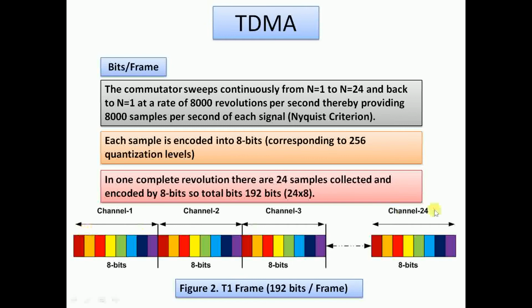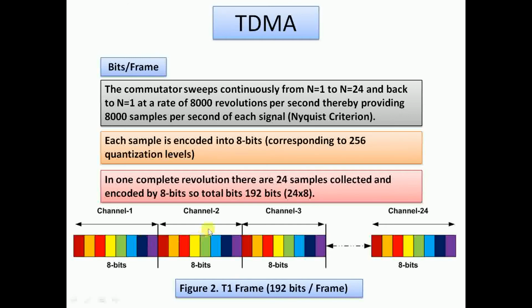If you see this diagram, we have the sample from the first channel, the sample from the second channel, the sample from the third channel, up to the sample from the 24th channel. In the first revolution, we have the first sample from each of the 24 users, and each sample is quantized and encoded into 8 bits. Why 8 bits? Because we have 256 quantization levels. You can see with different colors: 1, 2, 3, 4, 5, 6, 7, 8.